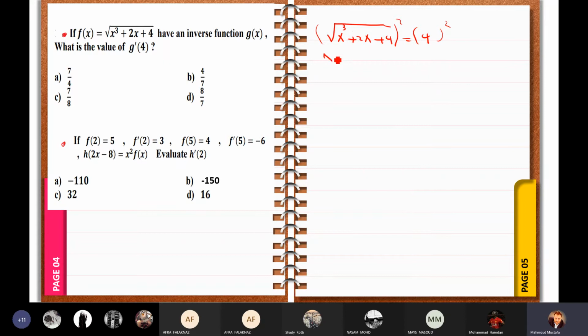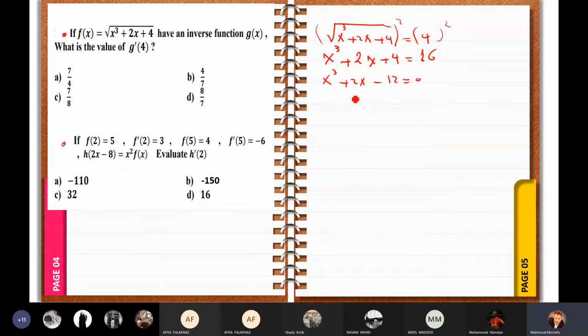When you square the left-hand side, it will be x cubed plus 2x plus 4. 4 squared is 16. Make it a zero equation. So x cubed plus 2x minus 12 equals 0.